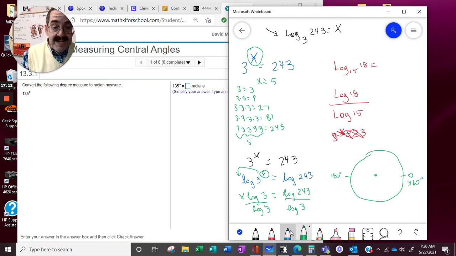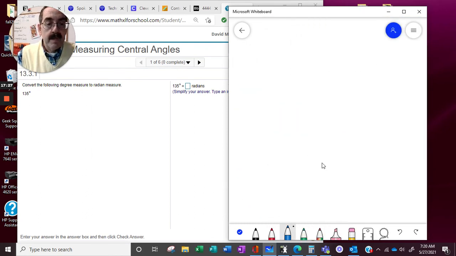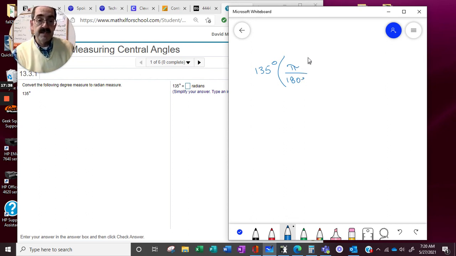But in radians, we have 0 radians, pi radians, 2 pi radians. So then we need a conversion factor. Okay, 135 degrees. We multiply by pi radians over 180 degrees. It's like feet to inches, inches to feet.